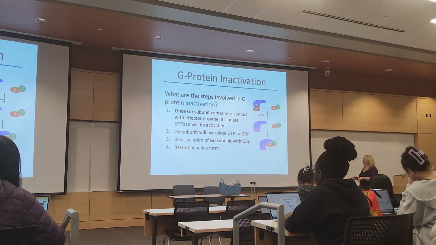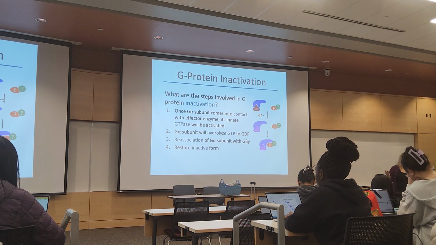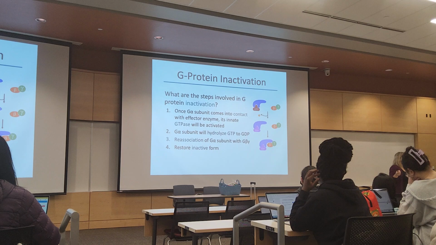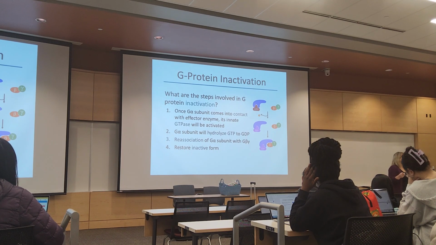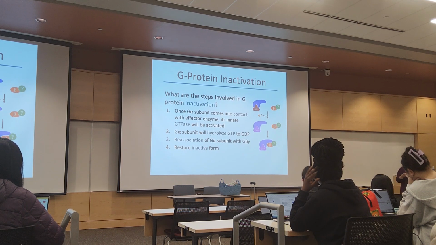So again, just as important as turning on these receptors, we need to have effective mechanisms to turn them off as well. And so what you can think about is we're going to essentially go in the reverse in this case. Now the G-alpha protein, I should say, also has enzymatic activity in it, specifically its ability to hydrolyze GTP into inorganic phosphate and GDP, okay?